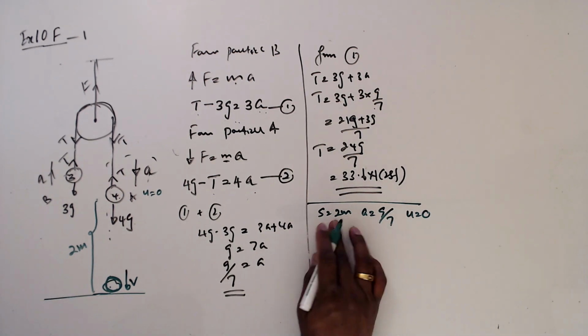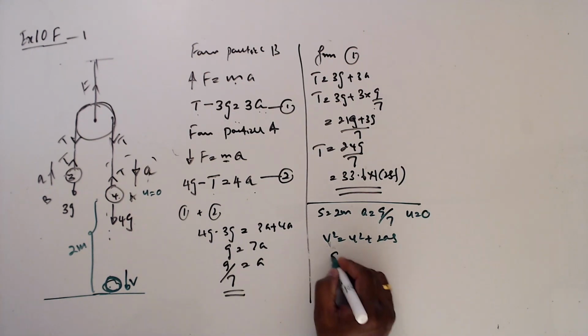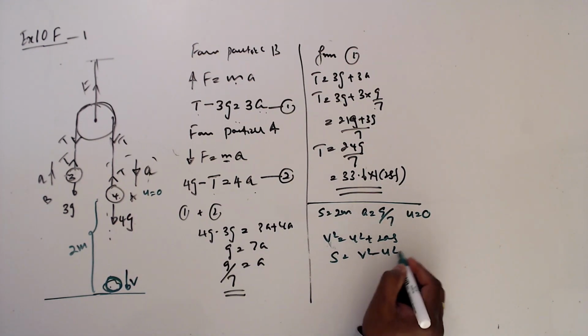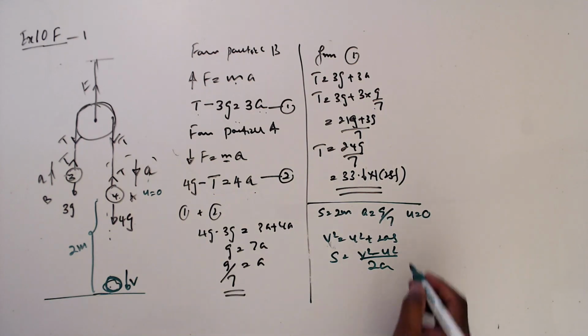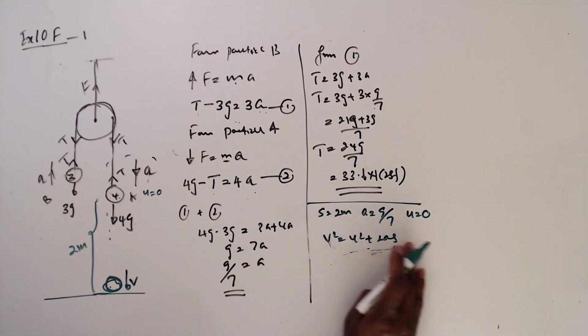Then v squared equals u squared plus 2as. Sorry, we need to find v squared, not s, so we leave it as it is.